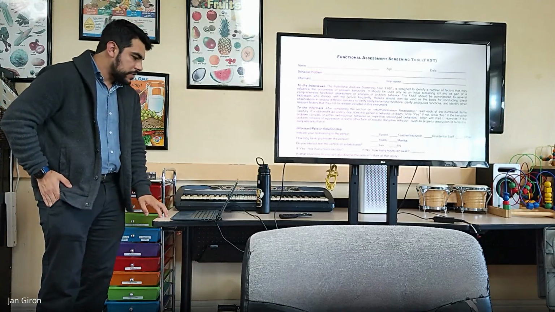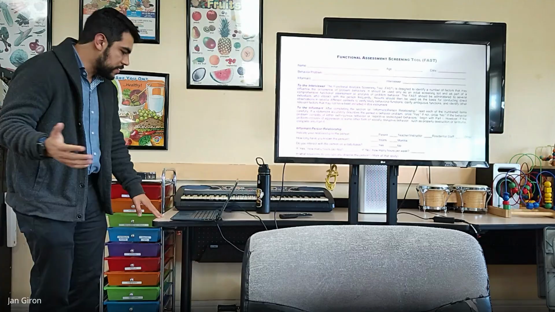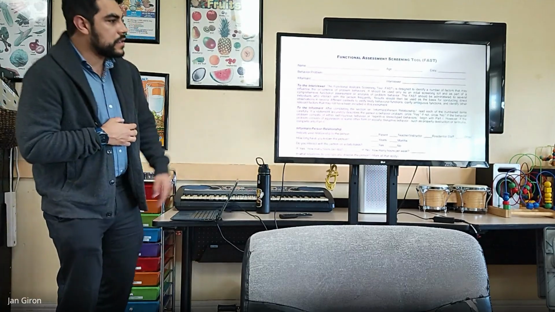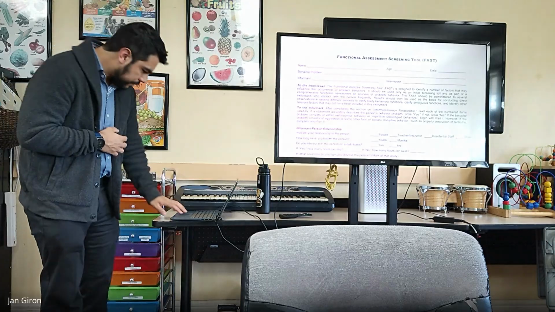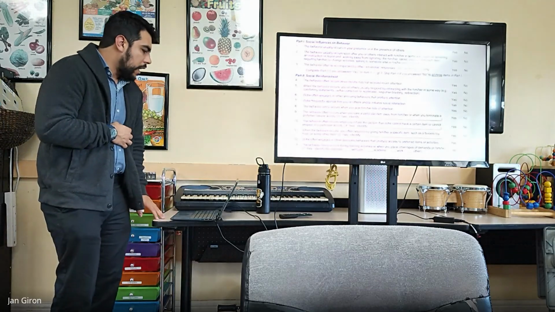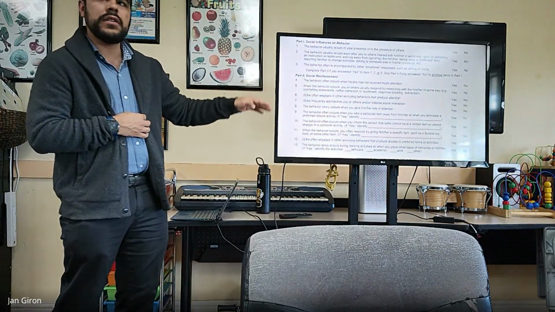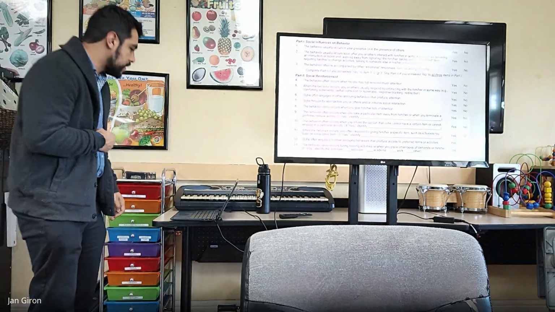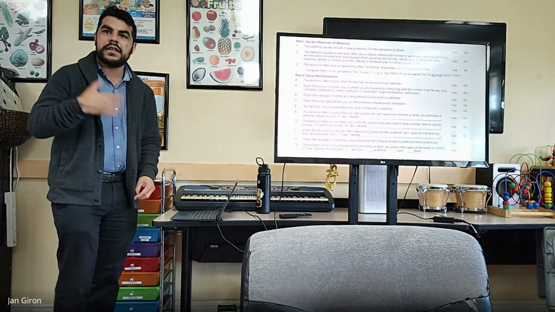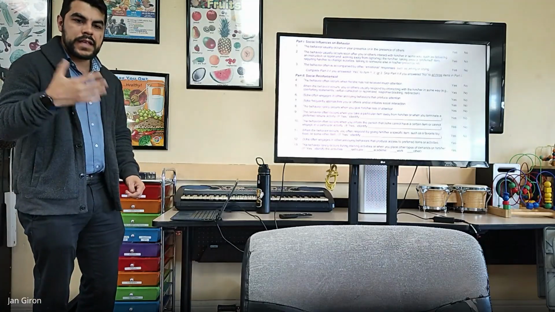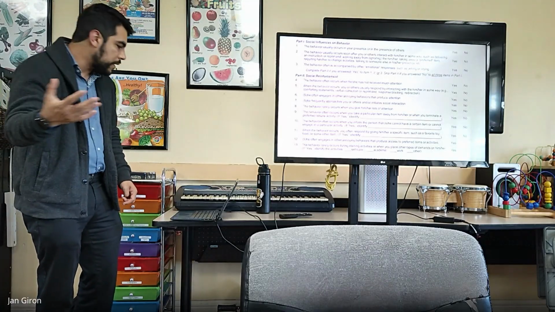This is called the Functional Assessment Screening Tool, otherwise known as the FAST. And again, it's just a questionnaire. And you see it's just a series of yes or no questions, and it just goes through all of the various functions. So you ask the staff or the caregiver that knows the client well.